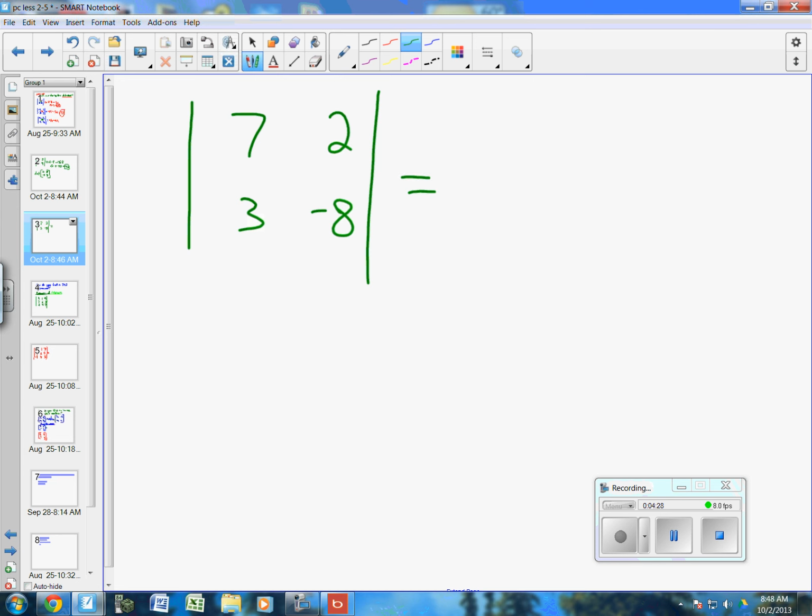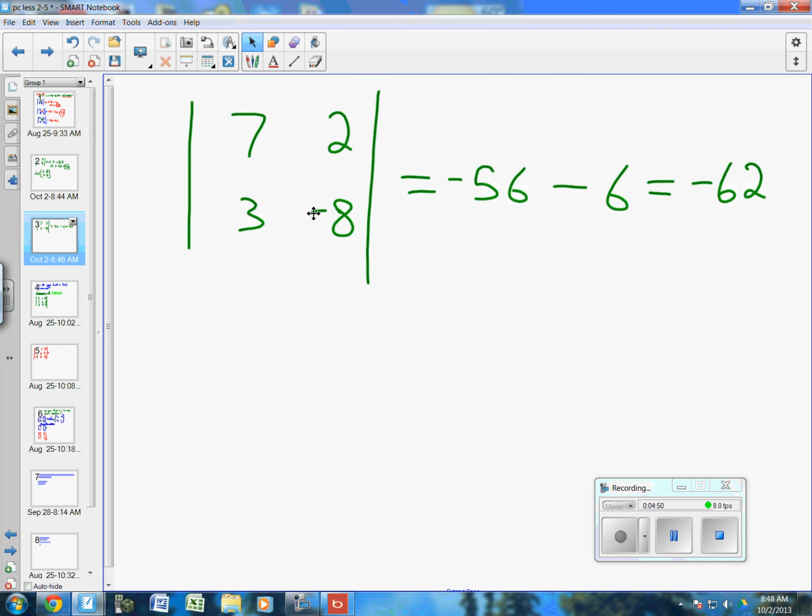Okay, this is what you should have done. 7 times negative 8 is a negative 56. And then I'm going to minus 2 times 3, which is 6. If I have a negative 56 and I minus 6, that gives me a negative 62. Okay, we got it?